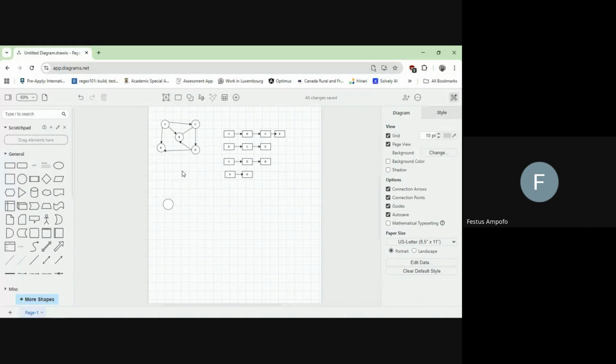Okay, so with the one without arrows, let's say B to C, that one means that we can move from B to C and also move from C to B. But with the one with arrows, from A to B, we can move from A to B, but we can't move from B to A. That is the meaning of the arrows, for us to know the exact direction of the path.